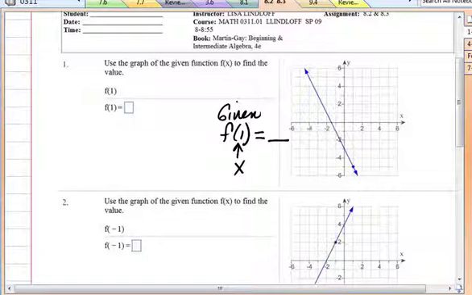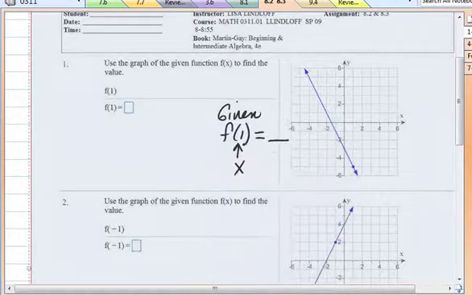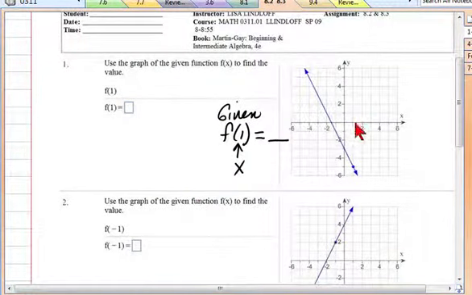Now, maybe it's very easy to find because it's a highlighted point. But if it weren't highlighted, what you would do is say, well, let's see, x is 1. X is 1 here, and x is 1 all along here.